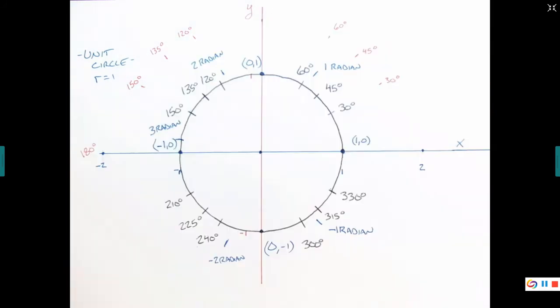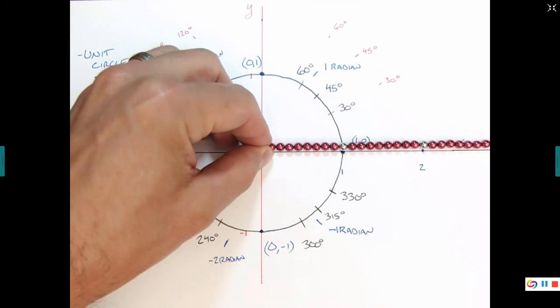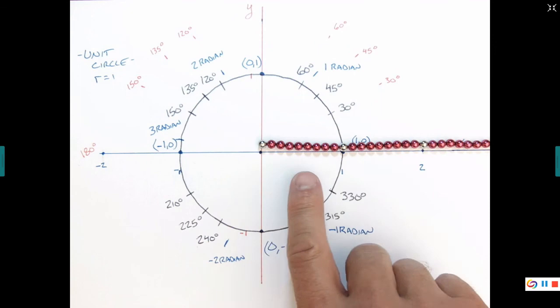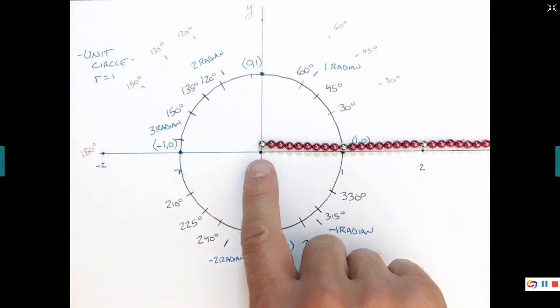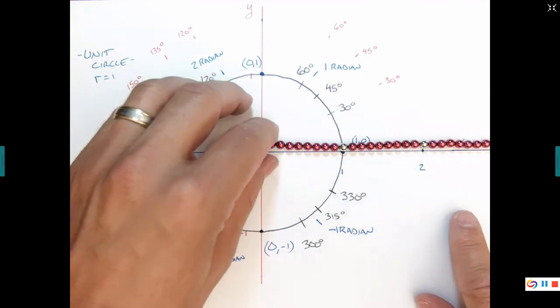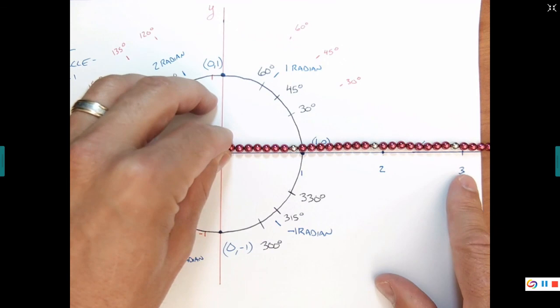I'm going to grab my magnets again, and what I've got is the real number line marked out again. 0, 1, 2, 3, and I kept going with it.